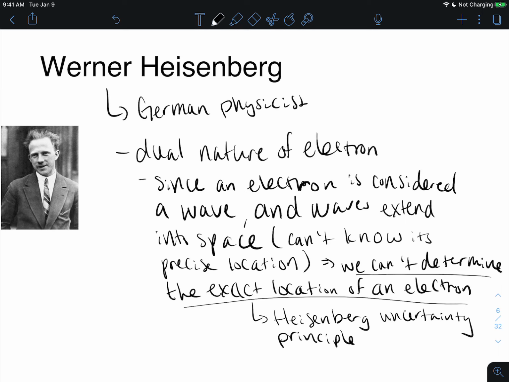And it's basically if we have a dual nature, that means we can't know the precise location and momentum of any object in a given instant, but it's only really important for small objects.